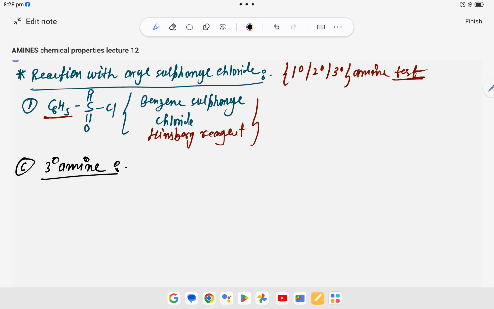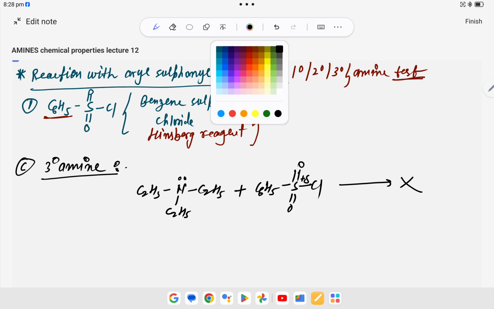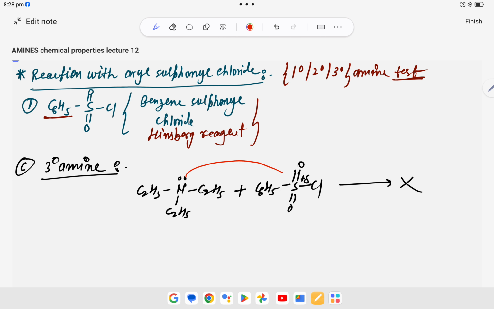Here we have C2H5 nitrogen with C2H5 and C2H5, and C6H5 SO2Cl, sulfur positive, and here the lone pair. First thing, the reaction is not possible. But suppose it is happening, the lone pair attaches to the sulfur and chlorine leaves. So what will you get?